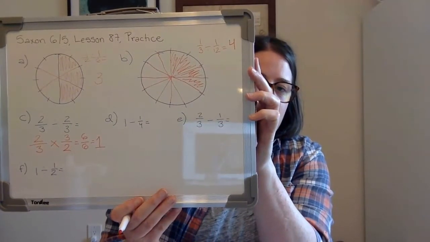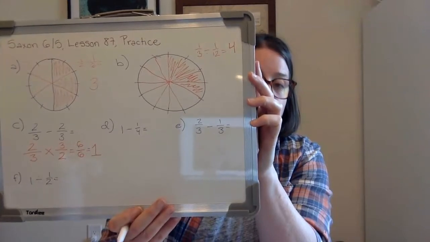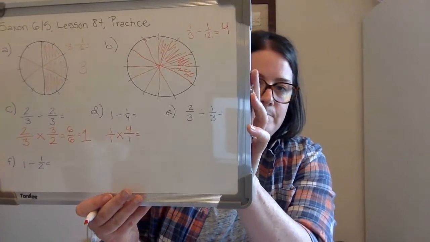D is asking 1 divided by 1/4. Okay, so I'm going to leave my first number the same. I am going to turn it into a fraction, so it becomes 1/1. I'm going to turn my divided by sign into a multiplied sign, and I'm going to flip over my second fraction. So my 1/4 becomes 4/1.